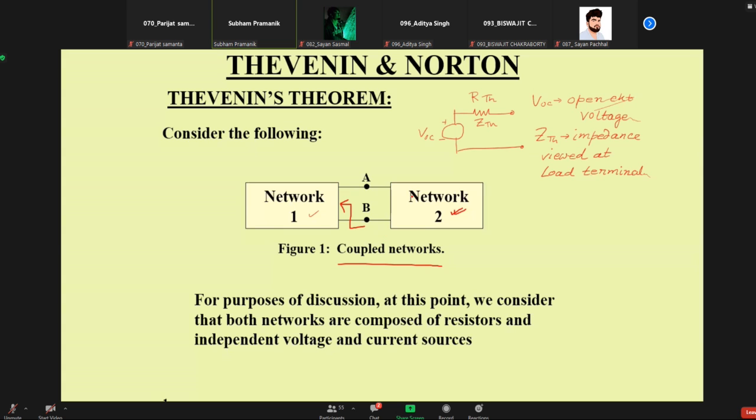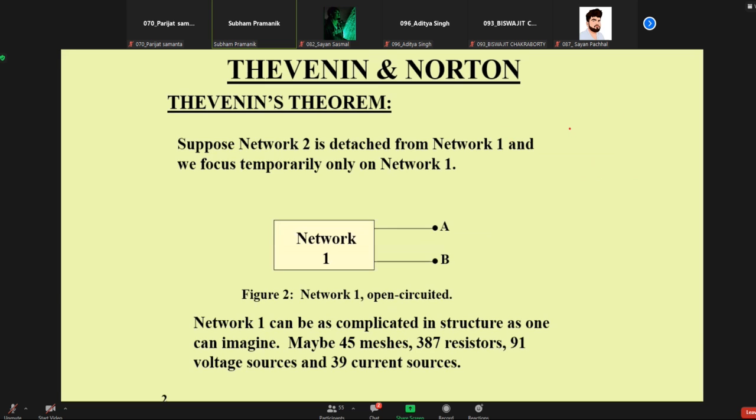On the top right corner, I drew the Thevenin equivalent circuit. That is a well-known circuit, VOC, ZTH. Anyway, what are the steps? The first step is, if you identify a load, then first disconnect it. As I mentioned, if the current or voltage is required through or across network 2, then network 2 is identified as load and disconnected.